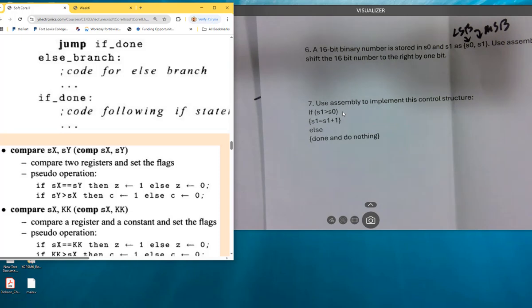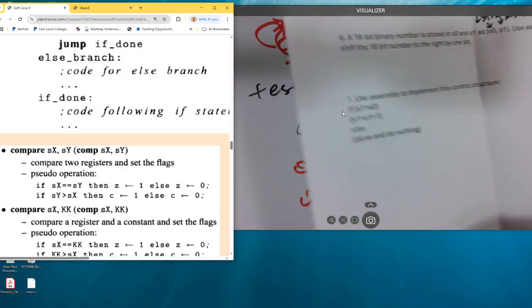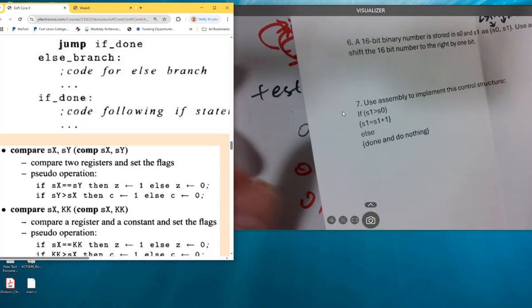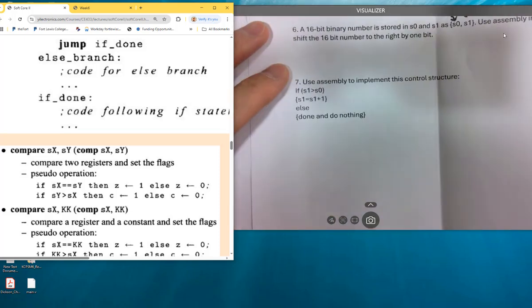Wait. If it carries, let's use jump C, okay? So if we use jump C, jump to something, right? I'll just drop it right here to make it easier.